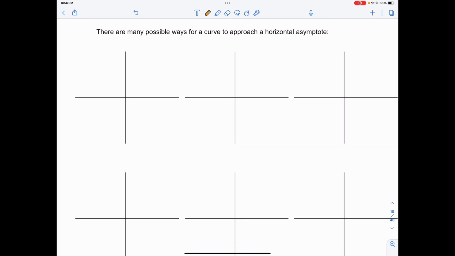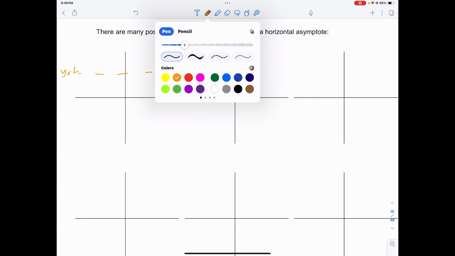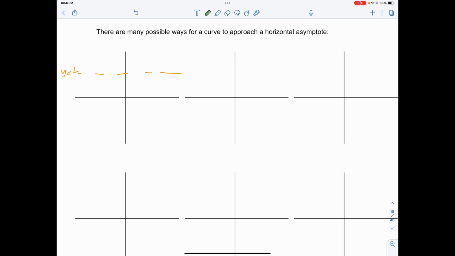There are many possible ways for a curve to approach a horizontal asymptote. So if I had the asymptote at y is equal to L, then I could have it where it's going to approach the asymptote as x is approaching positive infinity, or the limit as x approaches positive infinity for f of x is equal to L from beneath.